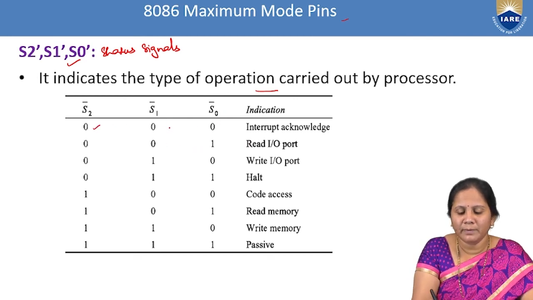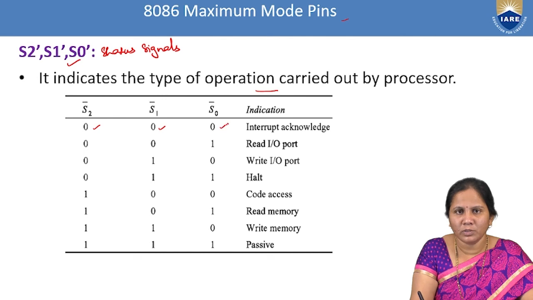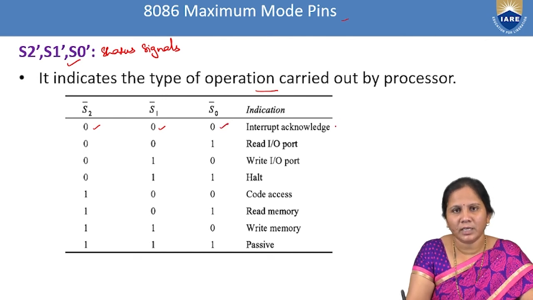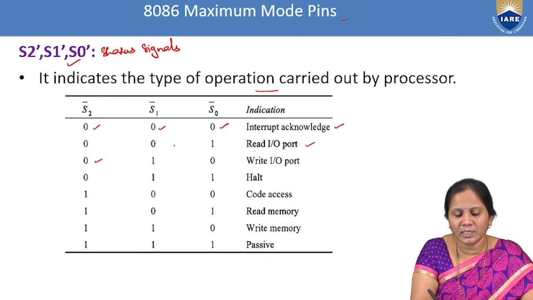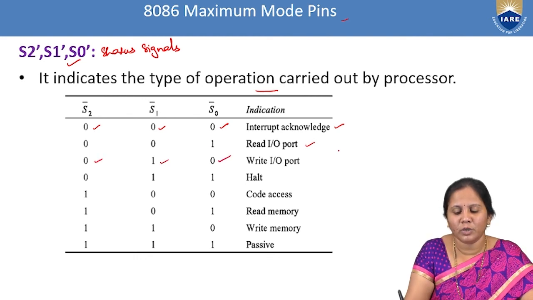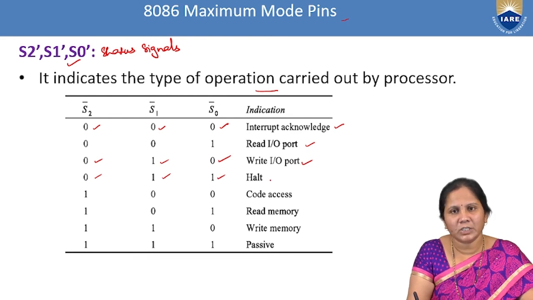For example, if these three are 000, the type of operation performed by the processor is interrupt acknowledgement. If it is 001, read from the IO devices. If it is 010, the operation is write to the IO devices. If it is 011, halt.